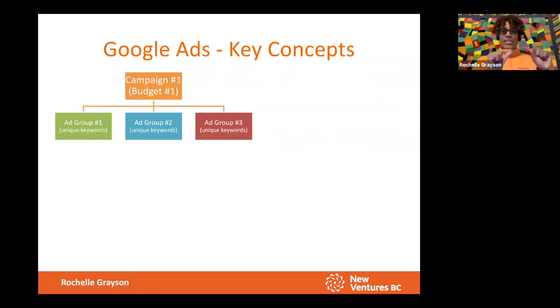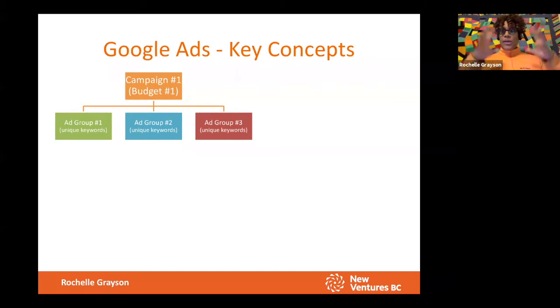What's interesting is you can have multiple ad groups in one campaign, but within each ad group, the keywords have to be unique. An example that I often like to use is, let's say you were selling cameras and you wanted to have different brands of cameras.